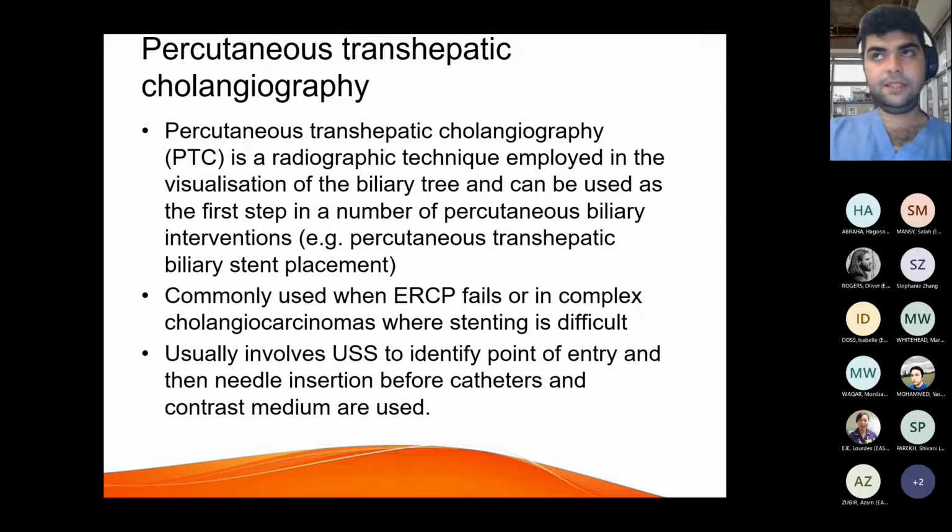How it works is with an ERCP, we do it endoscopically. We go inside, use a side-viewing scope, and achieve biliary cannulation via that method. With the PTC, the radiologist will use ultrasound to identify the intrahepatic ducts. They will then use needles to access it, and then use guide wires and fluoroscopy to essentially achieve biliary drainage, and that way they can also insert stents as well.